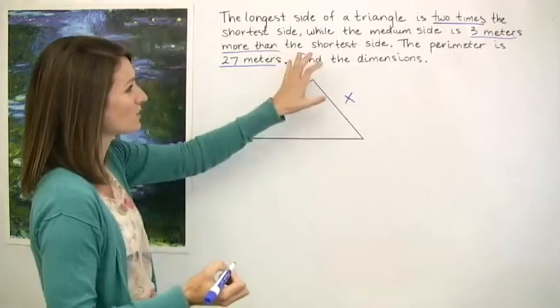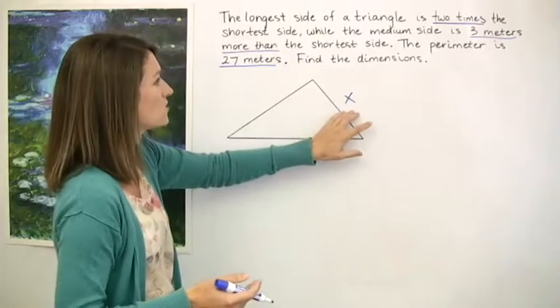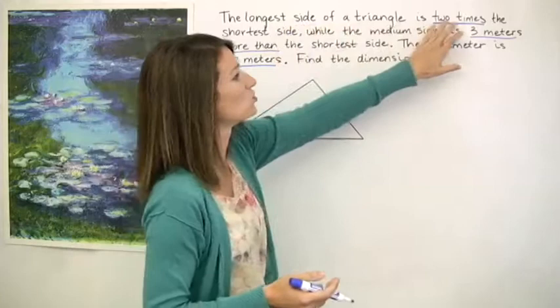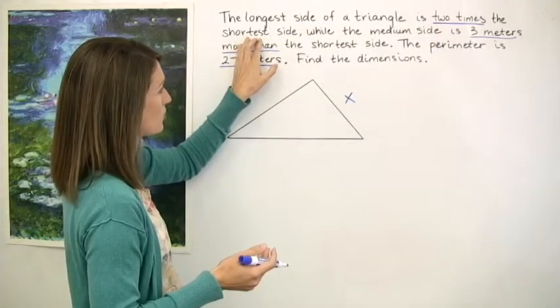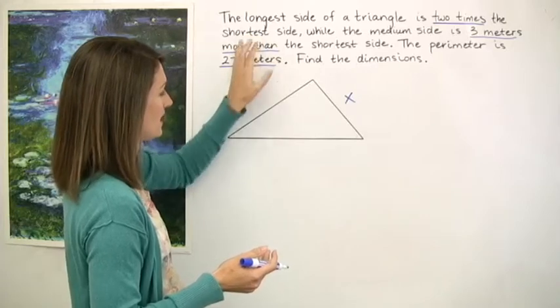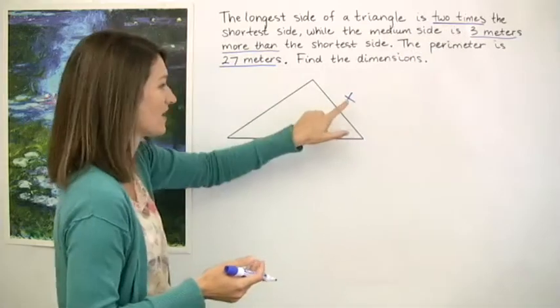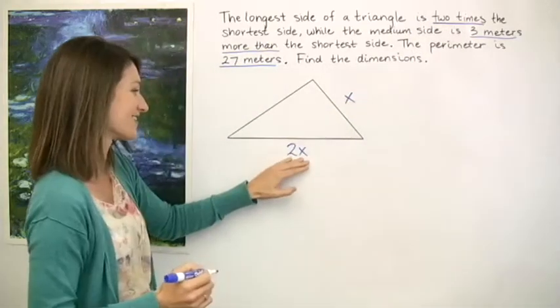Then we can go back to the problem and we can write some expressions using this variable. So reading that first sentence, the longest side of the triangle is 2 times the shortest side. So we've assigned x to represent the length of our shortest side. And our longest side of our triangle is 2 times x. So we'll write our expression for our longest side as 2x.